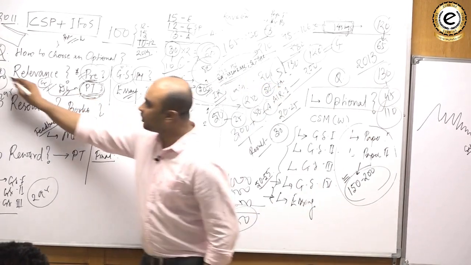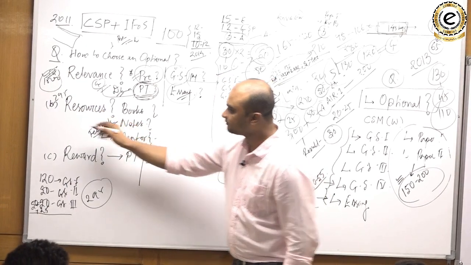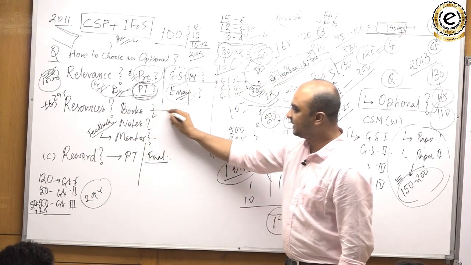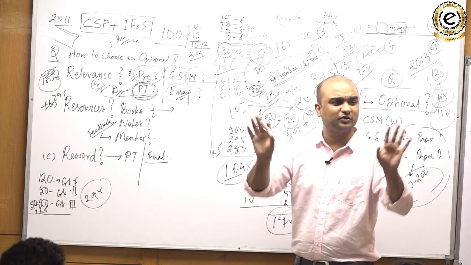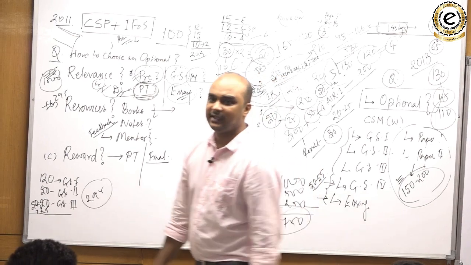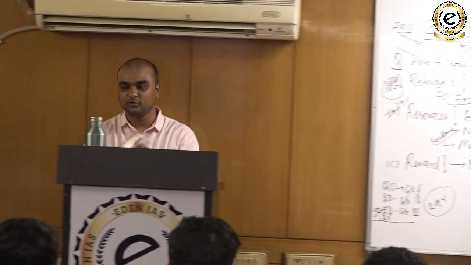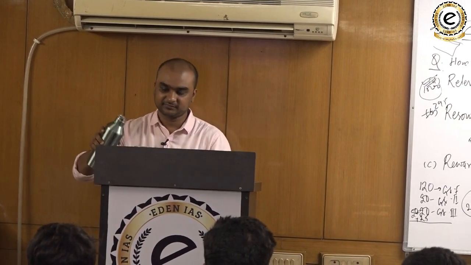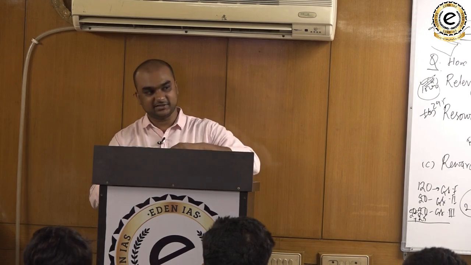So does geography pass the relevance test? Yes, very handsomely. Look here, resources. Now think of the books. There are numerous books on geography, and every shop you enter or every store you go and you ask for a geography book, you will get it immediately, or you ask for a geography note, you will get it immediately.